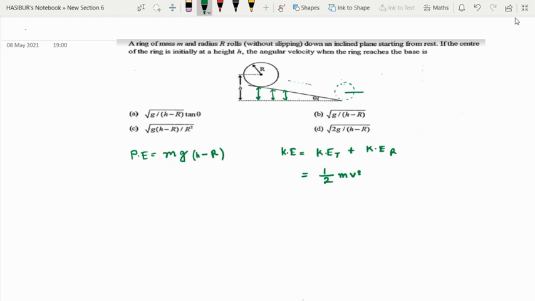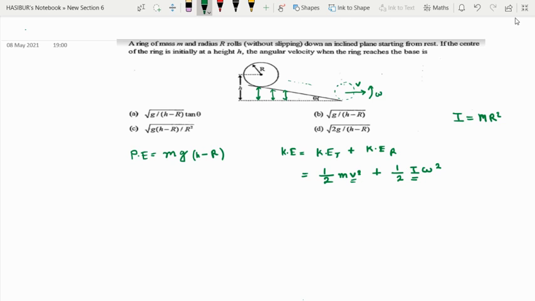So at this point, if we consider the angular velocity is omega and the linear velocity is v, then for the rotational motion the kinetic energy will be, analogously, half I omega square, where I is the moment of inertia of this ring, and for this ring the moment of inertia is a very simple form, m r square. Here m is the small m, the mass of the ring.